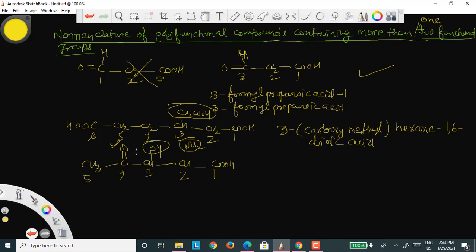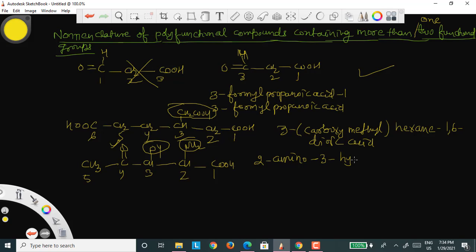So now this particular name will come: 2-amino, because in NH2 the suffix is amine, but the prefix is amino. Then hyphen, then 3-hydroxy, because you know that between an English letter and a number a hyphen should be given before and after.